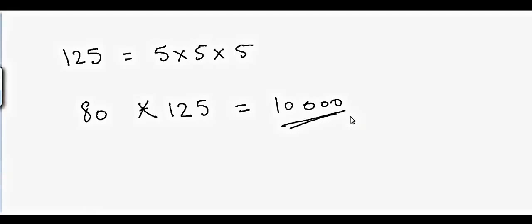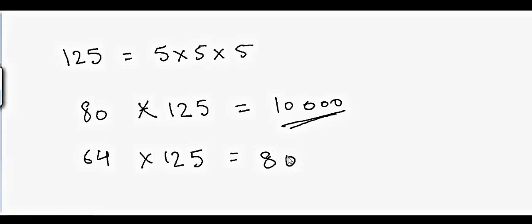Again, let's take another example. If I have 64, as we know, 8 into 8 is 64. So in this case, if I multiply by 125, that will be equal to 8, because we divided 64 by 8, and then put 000 in the end.